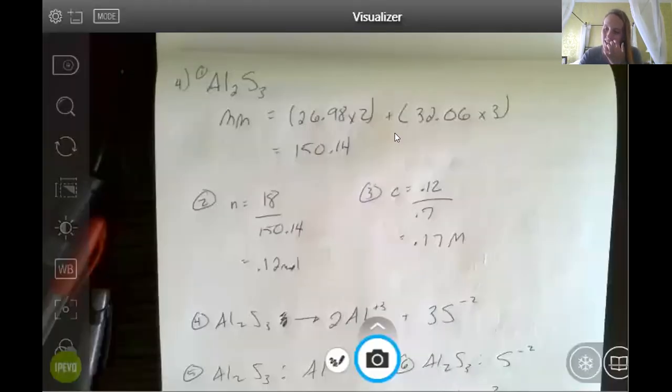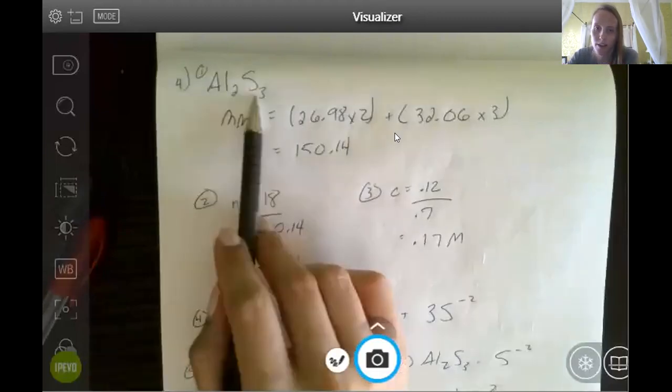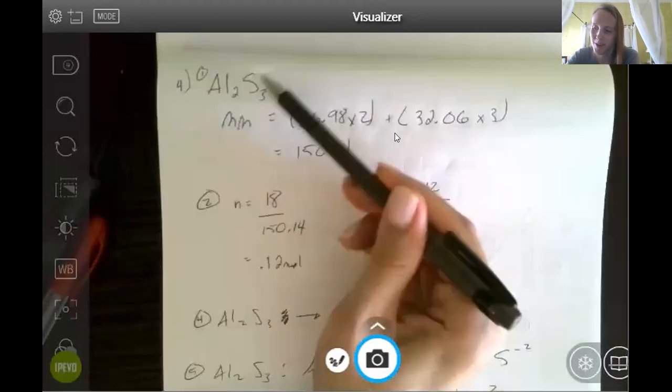Okay, so for this last one, you're not given a concentration of anything, you're given the mass of aluminum sulfide. So anytime you're given the mass, convert it to moles, and then if you're also given a volume like you are here, you can then convert it into concentration. So we'll start with our aluminum sulfide, which we get by crossing over our charges.